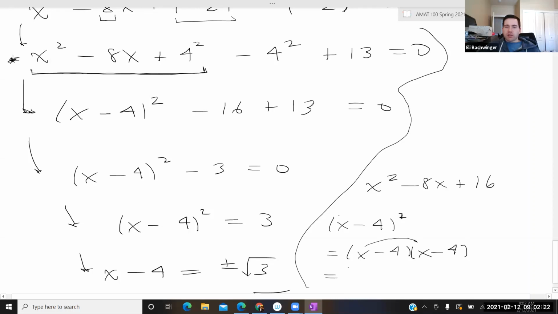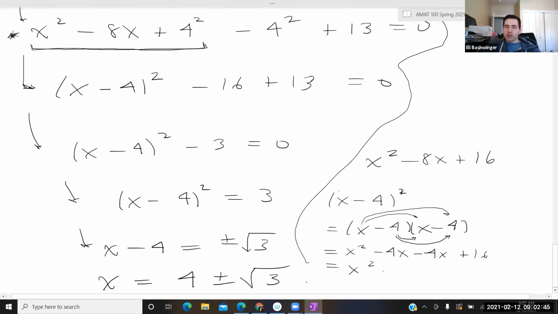So x times x gives you x squared, and then x times negative 4 gives you negative 4x, and then negative 4 times x gives you negative 4x, and then negative 4 times negative 4 gives you plus 16. And if you simplify this, you get x squared minus 8x plus 16. So these two things do equal, right? So x squared minus 8x plus 16 equals x minus 4 squared, right?